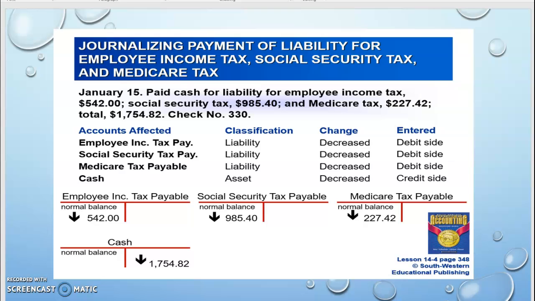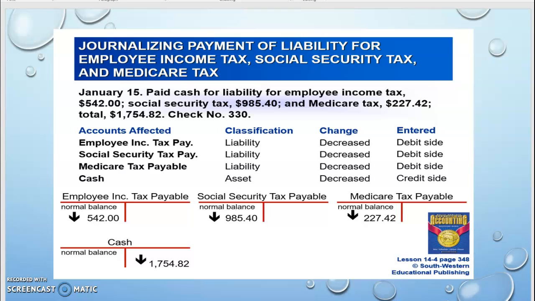Now we're debiting those to wipe them out to zero, because we're actually cutting the check to pay the government. So this is kind of like the closing transactions that we learned about previously, where you close out your expense accounts by crediting each of them, wiping them clean for a new period of time. This is like you're closing out.